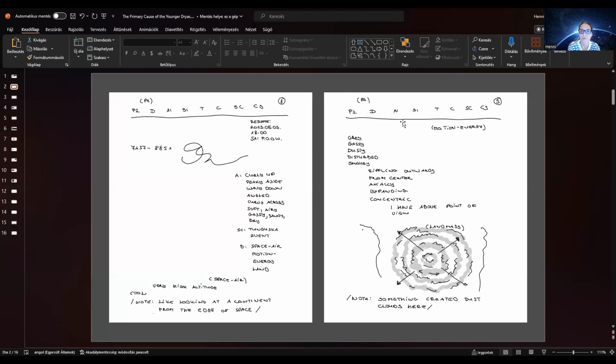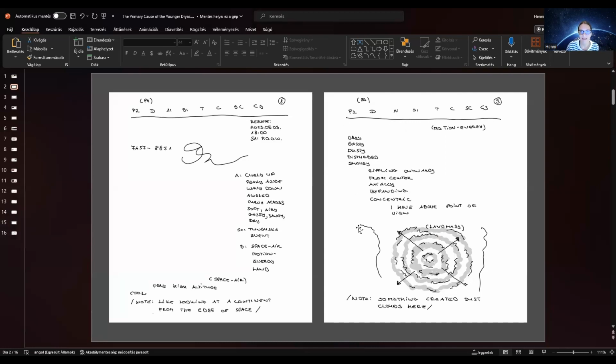I am continuing my session with describing the motion energy component of the target, which I perceive as gray, gassy, dusty, disturbed, smoky, rippling outwards from the center in an axial format. I see this formation expanding outwards in a concentric fashion, and all this time I have an above point of view.